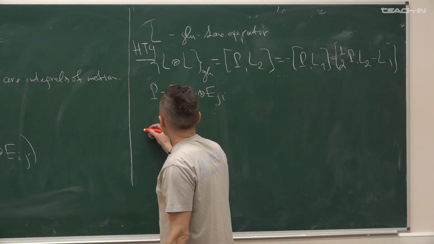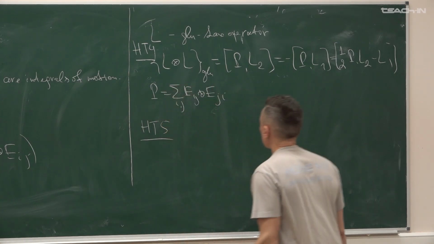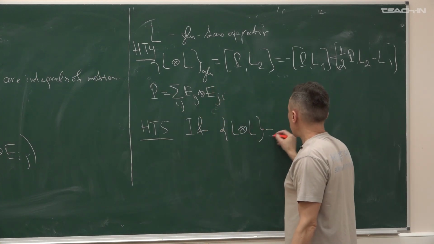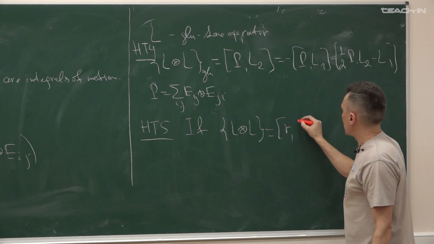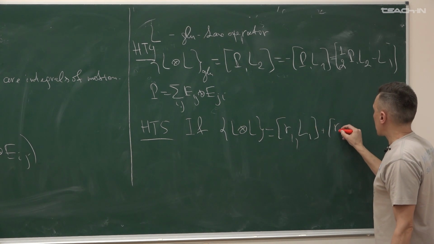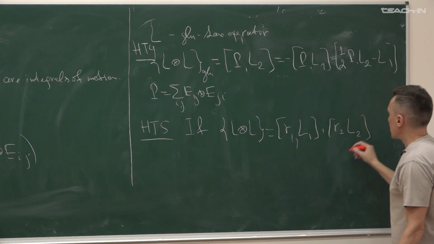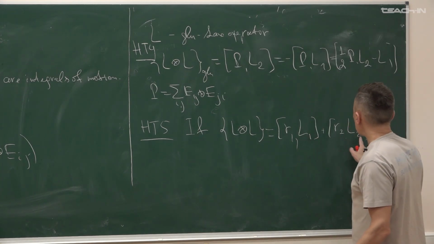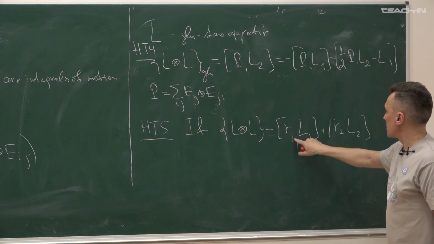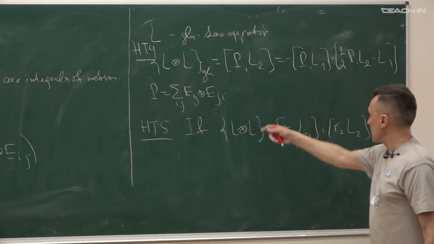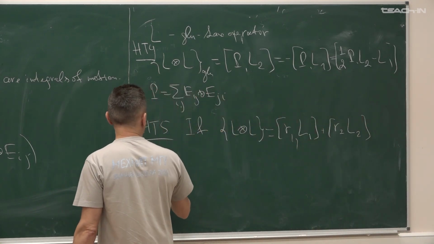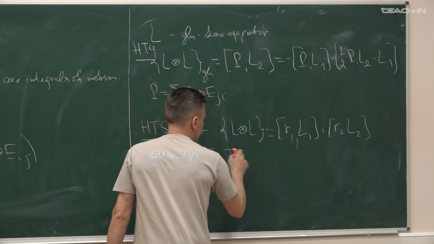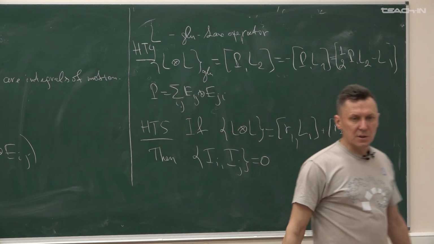And your home task 5 will be to verify that if the Poisson bracket has the form R1 L1 plus R2 L2, so even with some different R matrices, multiplied by commutators of different R matrices with the first and second tensor copy of the Lax operator, then we have that the spectral invariants are in involution.